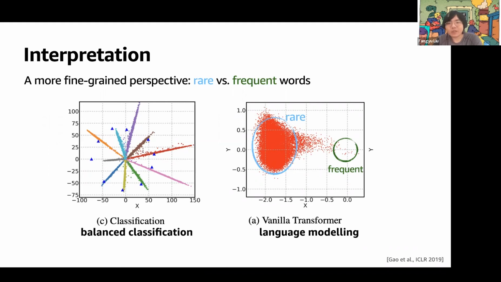This Gao et al. ICLR 2019 paper said that during language modeling, most tokens are sampled as negative examples, as they are the denominator in the log likelihood computation, because most words in natural language are actually rare words.